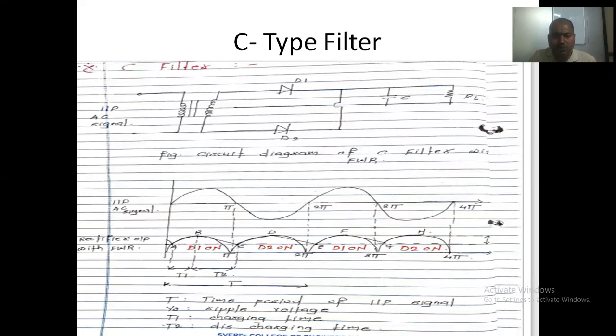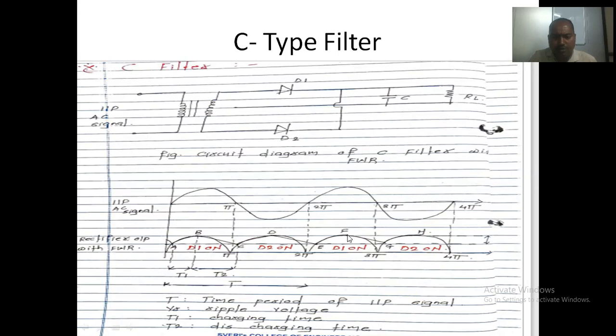Again, the second voltage coming from your diode D2 is positive, so again it starts charging up to the level of D, right? Again it is fully charged, then it starts to discharge, again discharging up to the level of E. After E, again another diode turns on, and it is charged again towards the F level.